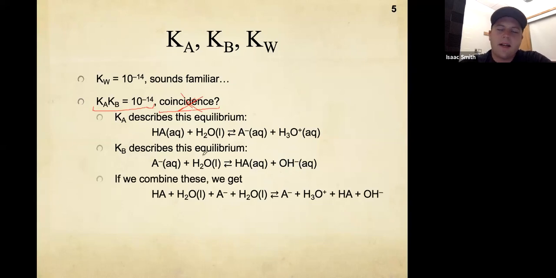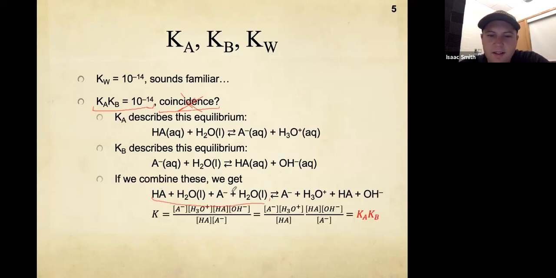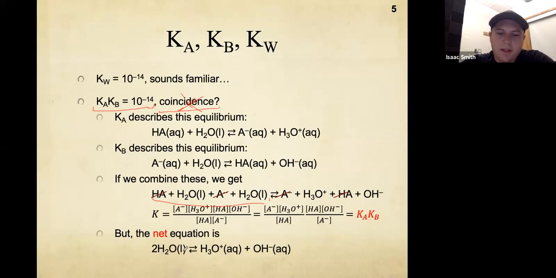Okay, if we combine these reactions, so basically take all the reactants from both of these and put them together, we have these 4 reactants right here, okay? And combine all the products, and then start crossing out things that are the same on both sides. All right, so we cross out the HA, cross out the A minus. What we're left with is this, which is the same as the autoionization of water that we just looked at.